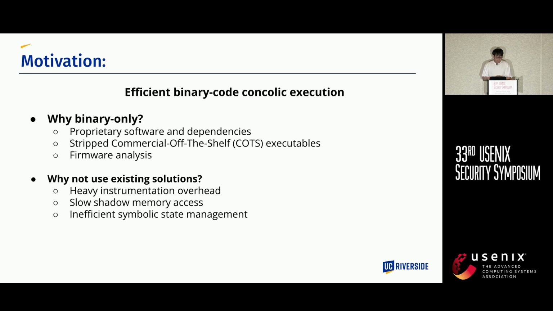We focused on improving the efficiency as we found in our evaluations that the existing solutions suffer from heavy instrumentation overhead, slow shadow memory access, and also inefficient symbolic state management.